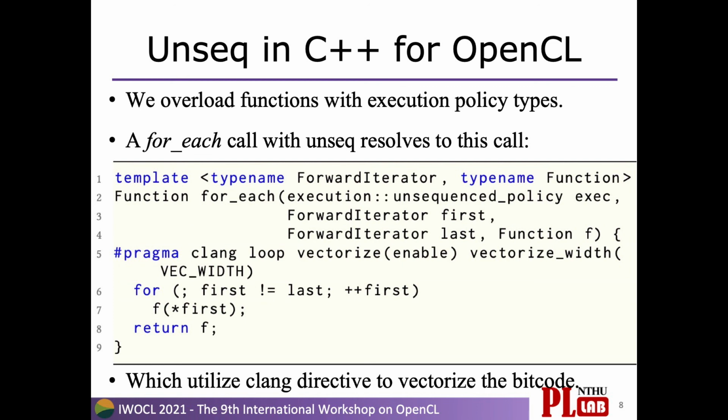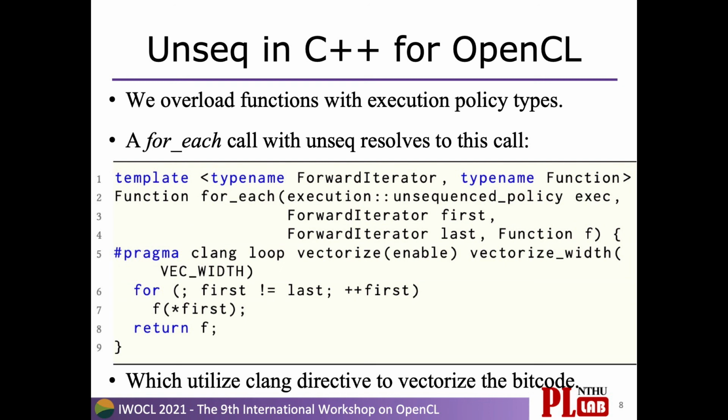A for_each call with unseq resolves to this for_each call that receives unsequenced_policy, and there is a Clang directive that hopefully will vectorize this for loop.